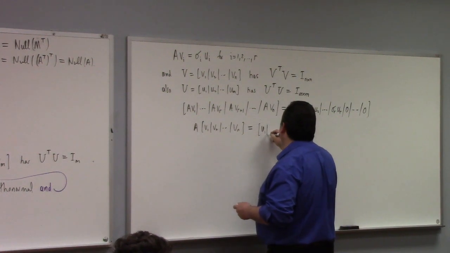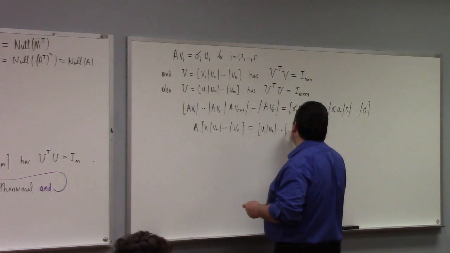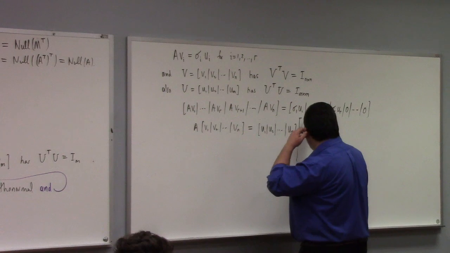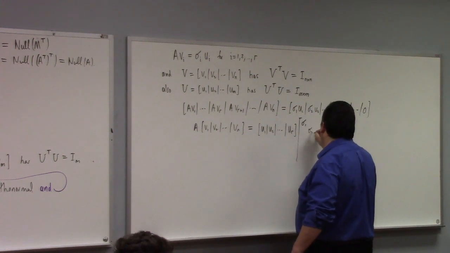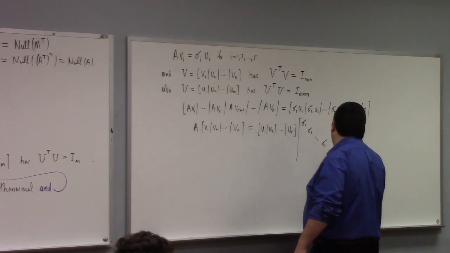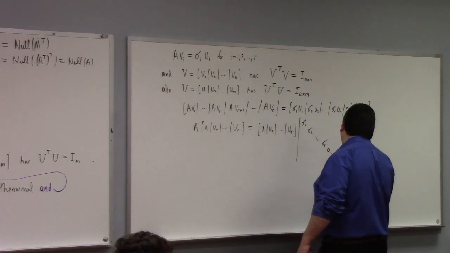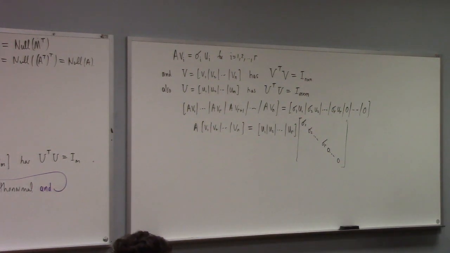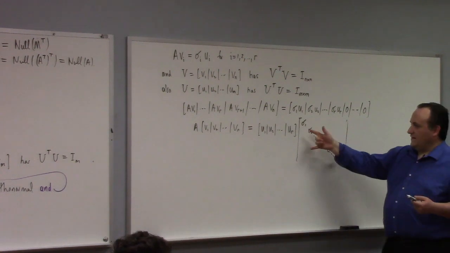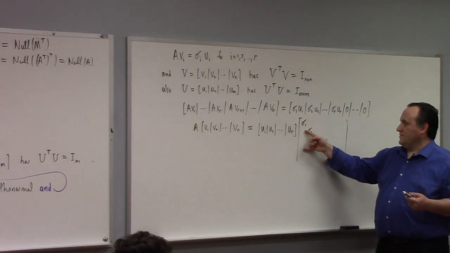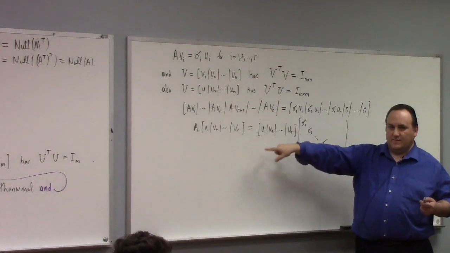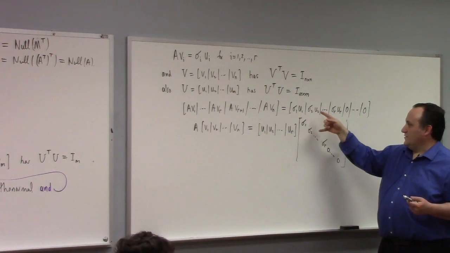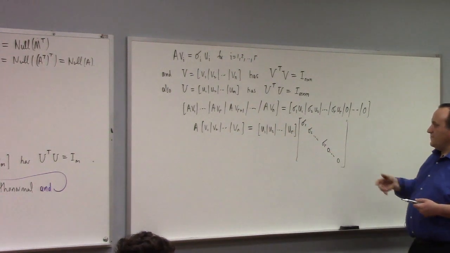This is u1, u2, ..., ur times sigma1, sigma2, ..., sigma_r, and then zeros. That's easy to check, right? I take the first column, I multiply this, I just get sigma1 u1 for the first column, then sigma2 u2 for the second column, and so forth.